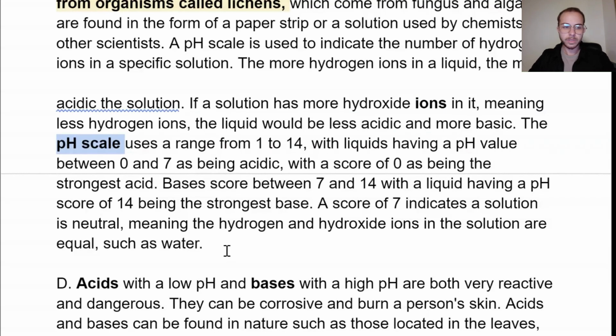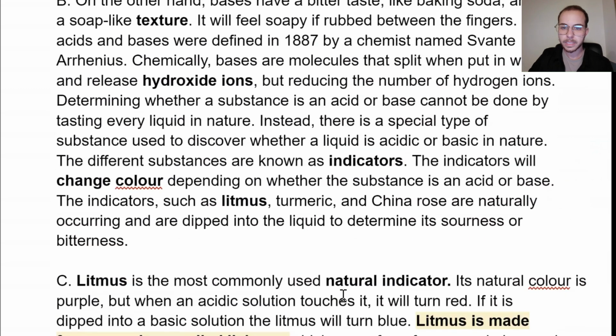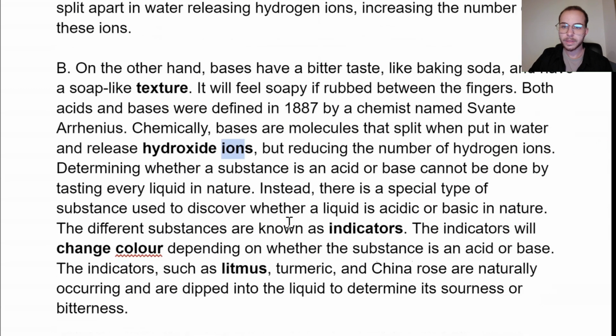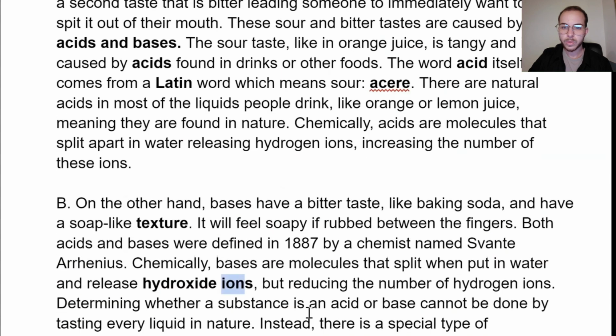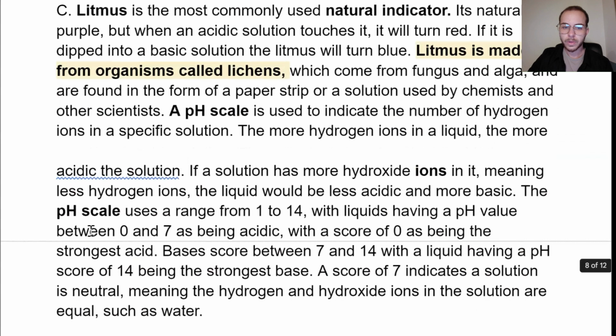Let's see if that's the closest we can get to a tool. Let's find other words like ions. That's still paragraph C. We have ions here in paragraph B. Is there anything about a tool? No tool. Not about ions. Okay, so the closest we could get for a tool is the pH scale.